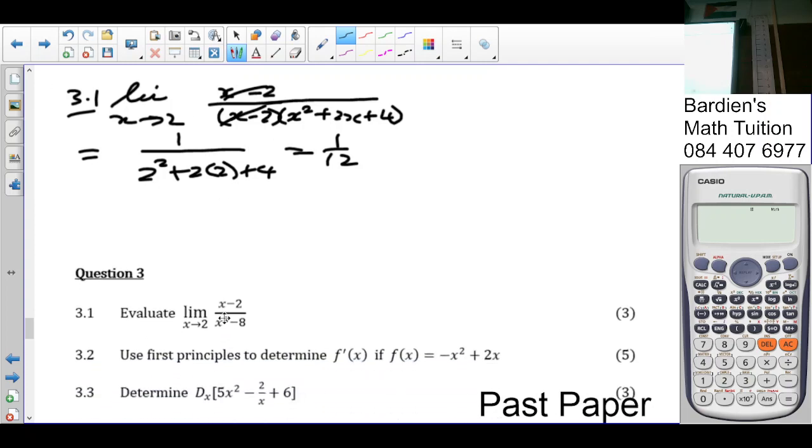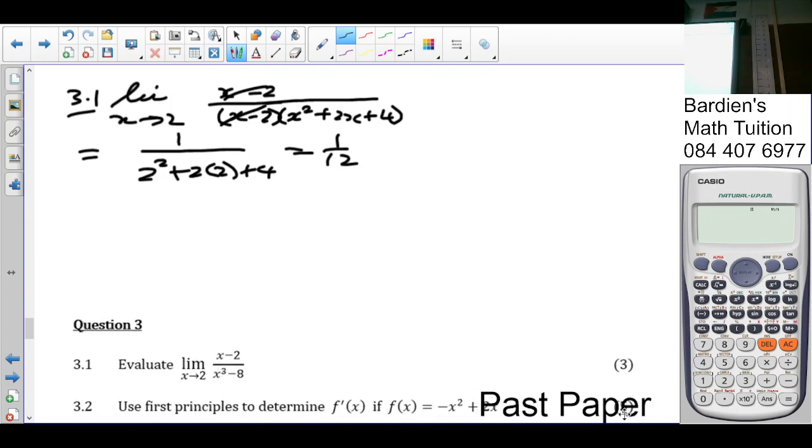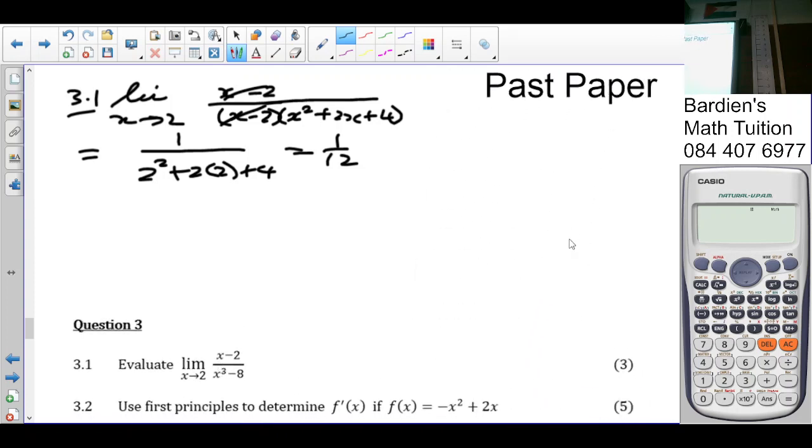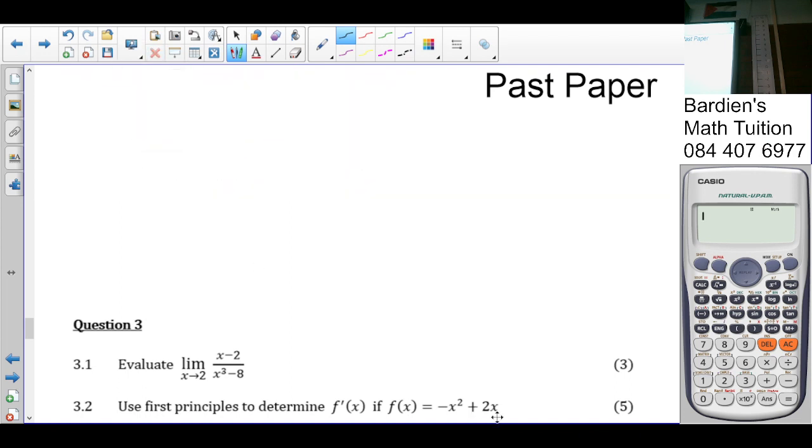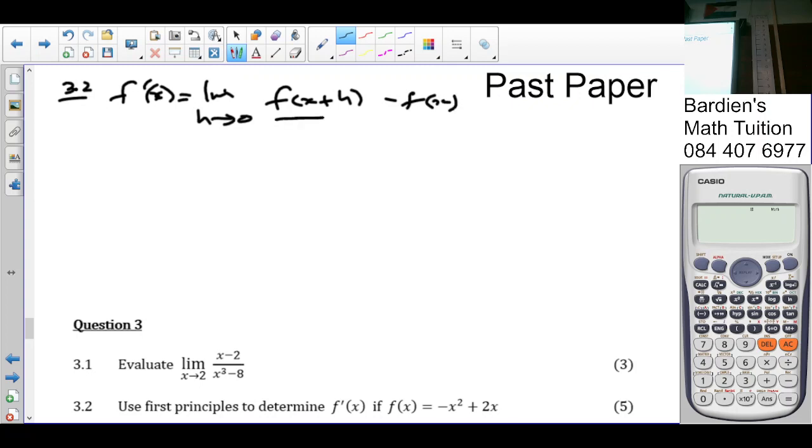Next question reads, you must apply first principles. Okay. So to apply first principles then, we know we need to use the formula. So importantly, I write down the formula. F prime x is equal to the limit as h approaches 0 of f of x plus h minus f of x all over h.